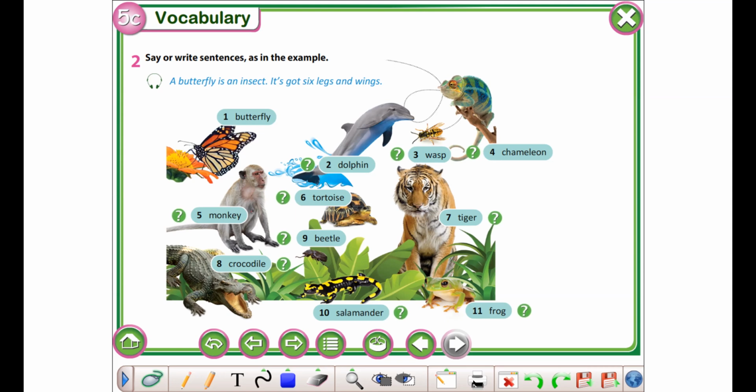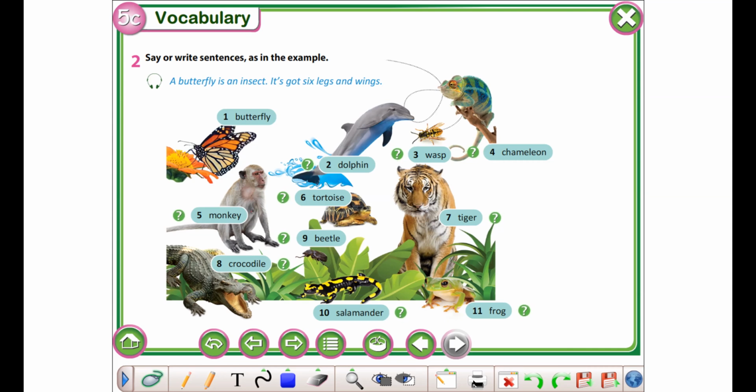Sami, can you describe another of these animals? Yes, the tiger is a mammal. It's got 4 legs and hair. And it eats meat.